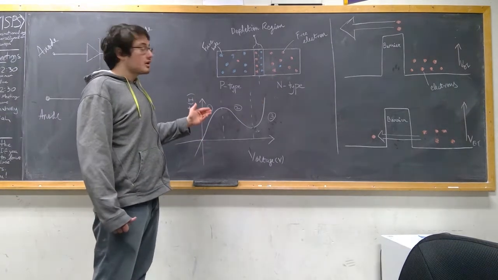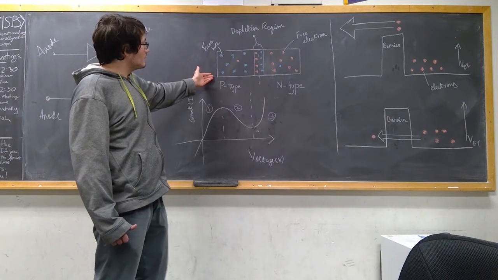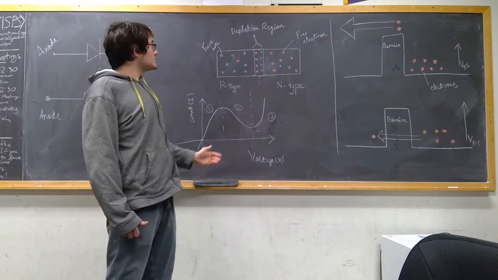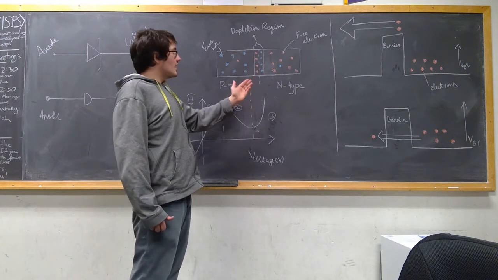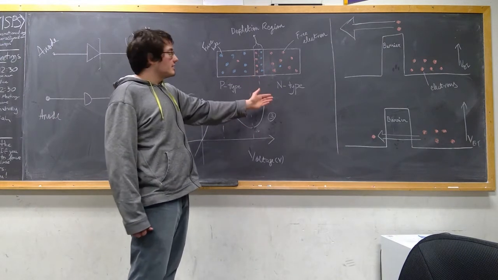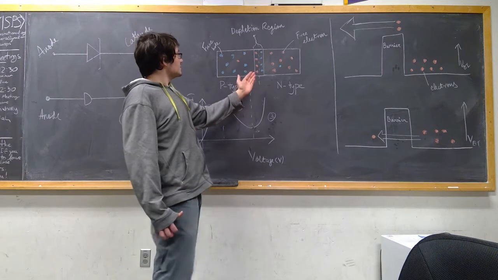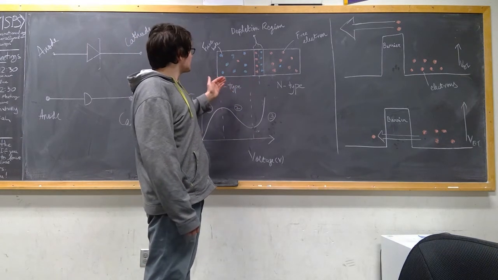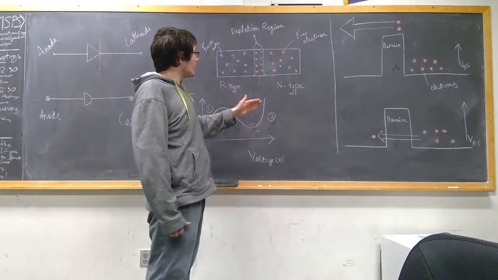Now, the difference in concentration between holes in the p-type region and electrons in the n-type region leads to the creation of a depletion region at the junction between the p and n regions. This depletion region forms a barrier potential that stops current from flowing through the device.